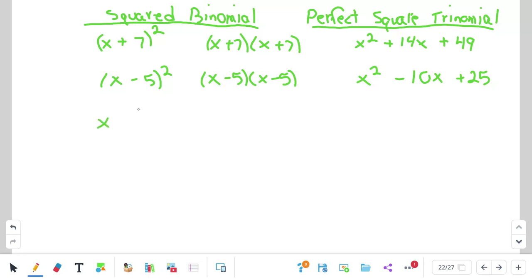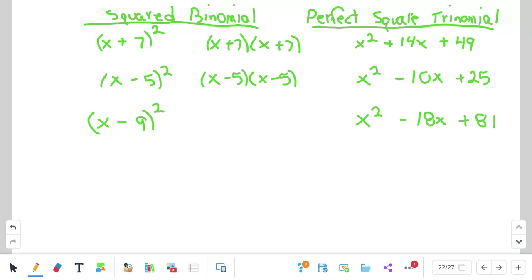If I had x minus 9, I could multiply that and say, well, I know I'm going to get x squared. I'm going to get minus 9x, because that's negative 9 times x, and another negative 9x, so that's negative 18x, and then negative 9 squared is positive 81. Okay, well, I've gone from a squared binomial to a perfect square trinomial.